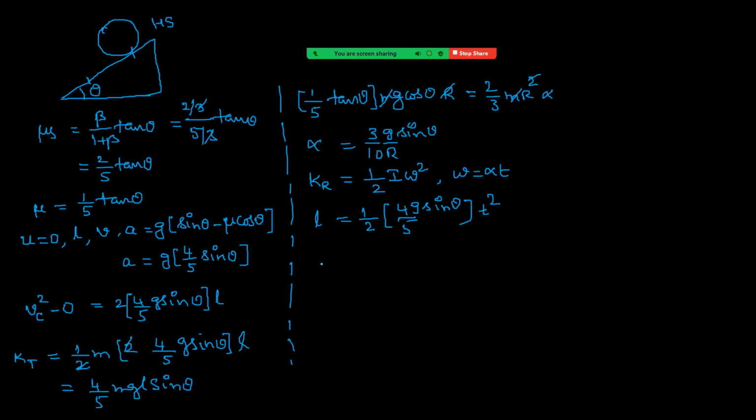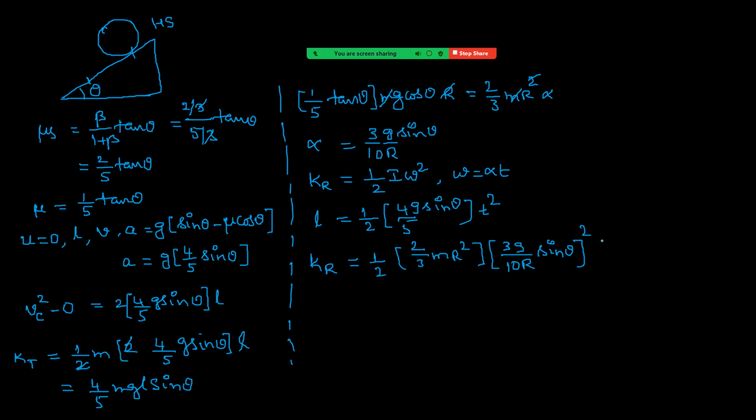Now, because of rotation, half I, value 2 by 3 m r square, omega square. In place of omega, writing alpha t. Alpha substituted here: 3g by 10r sine theta whole square, that is alpha square t square.